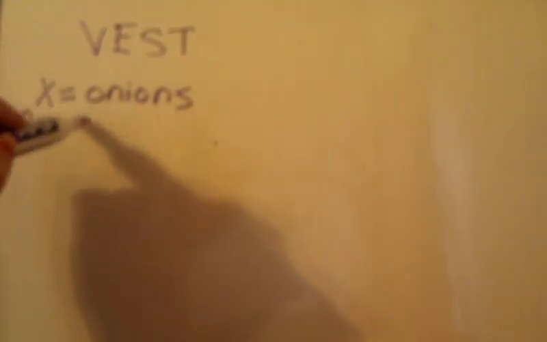Alright. Now it says 1 pound of sweet potatoes costs twice as much as a pound of onions. So how much do the sweet potatoes cost? Twice means 2 times, right? So the sweet potatoes are 2x.